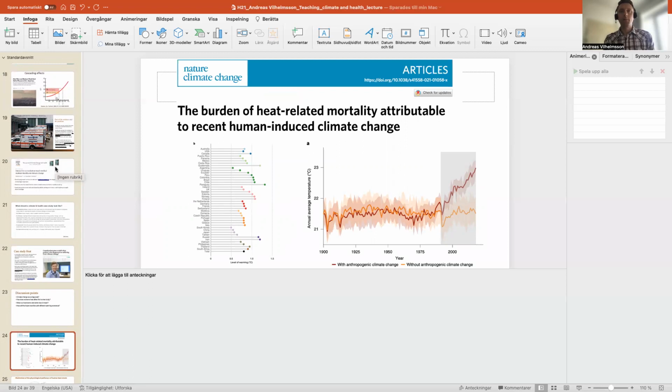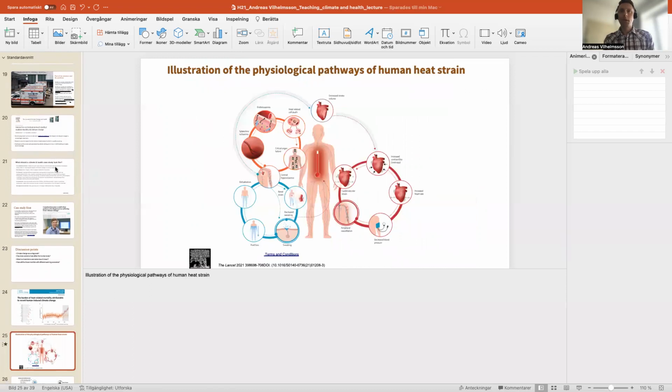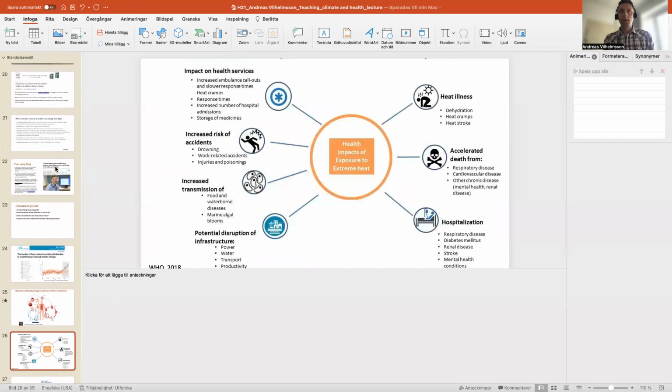And here many studies have been made, but this study, for instance, has shown quite clearly how heat-related mortality has not only increased, but is also very related to human-induced climate change. And here we can see how the human body is affected in different ways, but also in this event, how the healthcare system is affected in different scenarios.